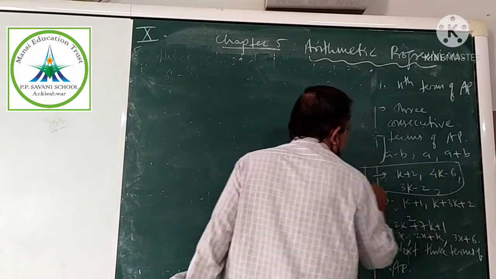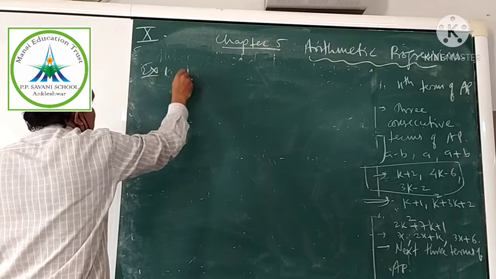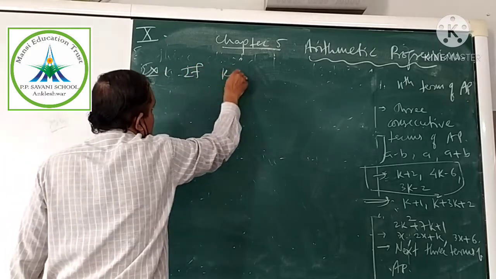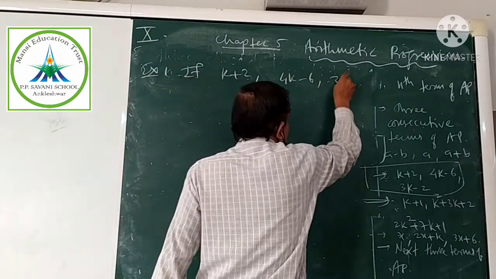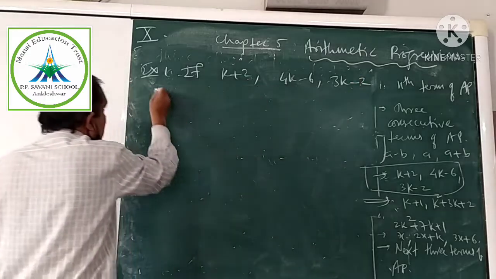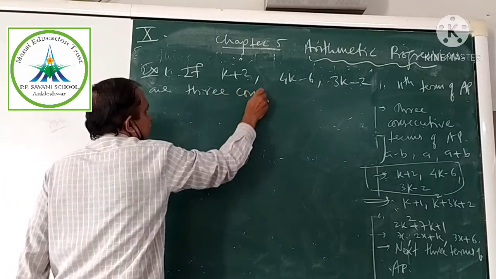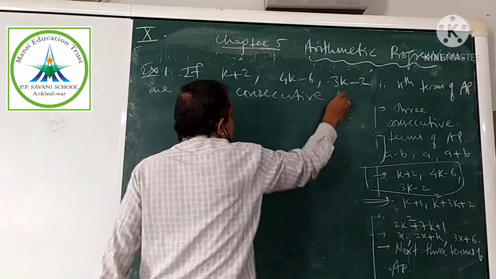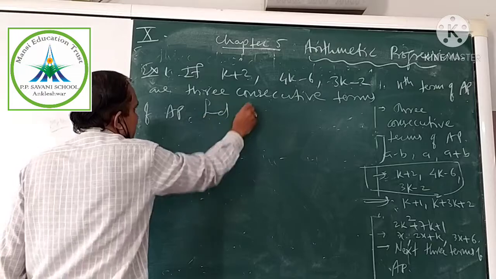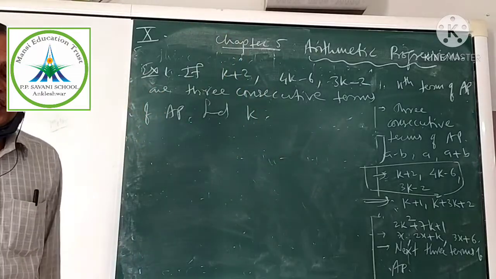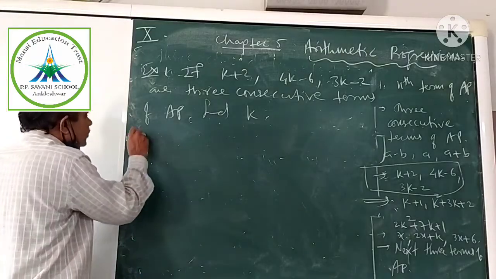Yes or no? See children, I am taking this one. See, for example, if I am taking K plus 2, 4K minus 6, 3K minus 2 are 3 consecutive terms of an AP, find K. These are 3 consecutive terms of an AP, find K. Now, okay, first write down the terms.